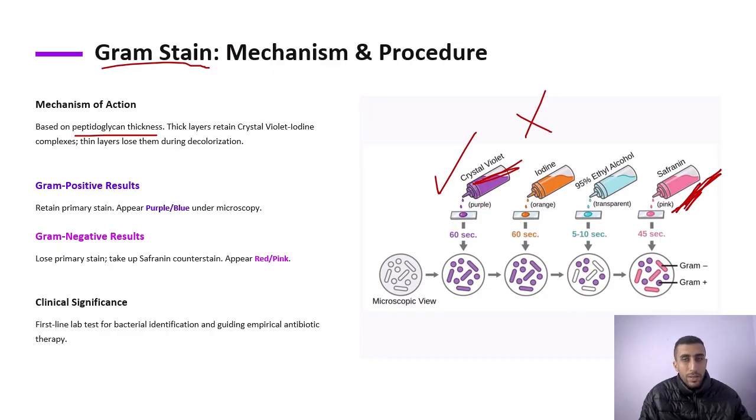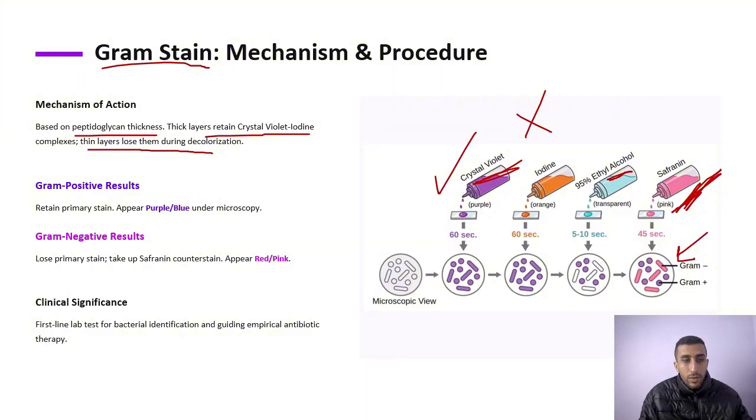You don't have to memorize these stain names, but this is the idea behind it. The thick layers retain the crystal violet iodine, while the thin layers lose it when we wash with ethanol alcohol, and then when we do the counterstain, it gives the gram-negatives their pink color.